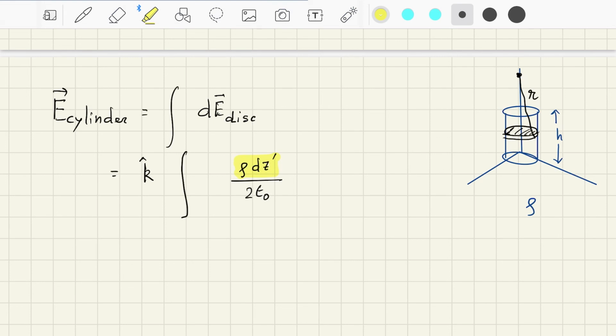So what is z? z is this point, and z prime is this point because it is the source coordinate, and the height is h. All right.